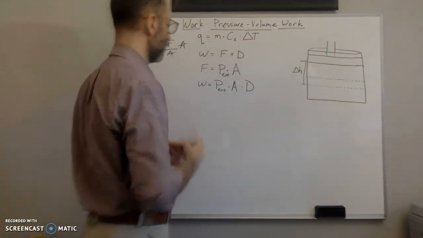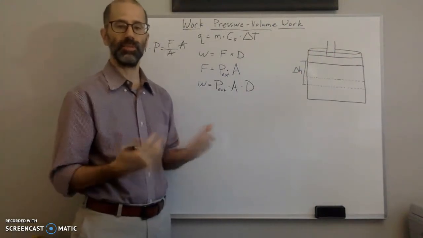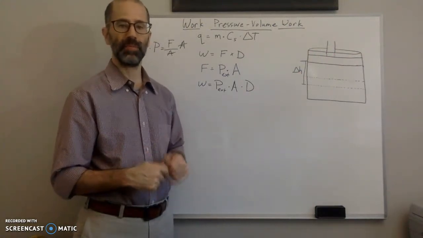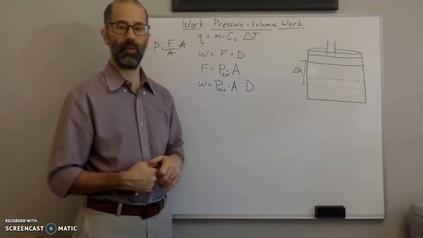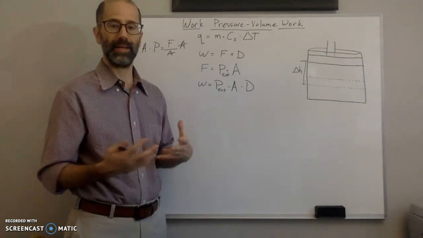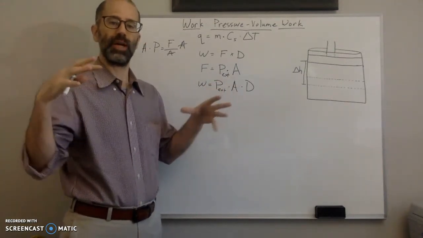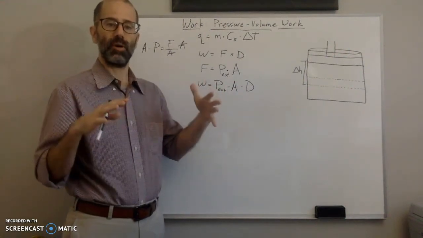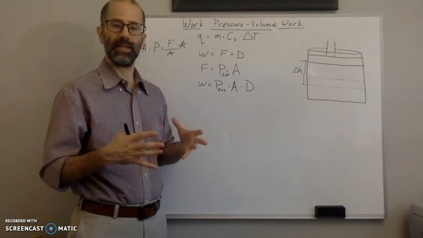And so if we're looking at this from the perspective of a system that has a gas, for example, and the gas is going to expand or contract, therefore it's going to either put work on the external pressure. So you have the external pressure pushing down on the object, whatever it is, and then we have the gas on the inside.